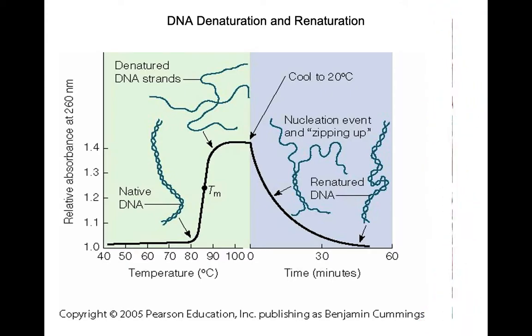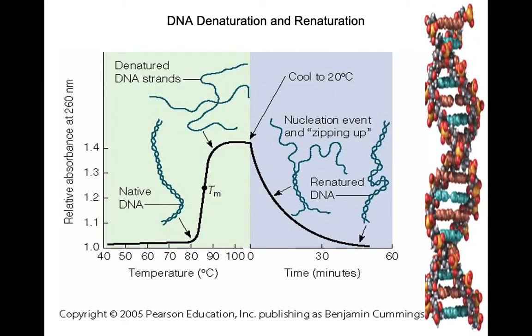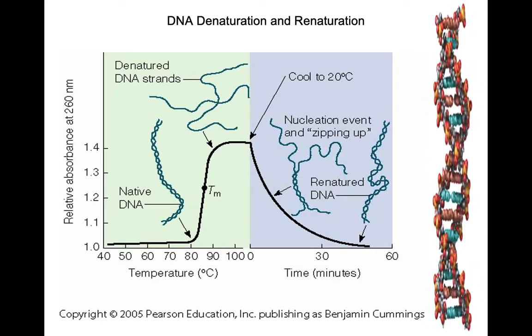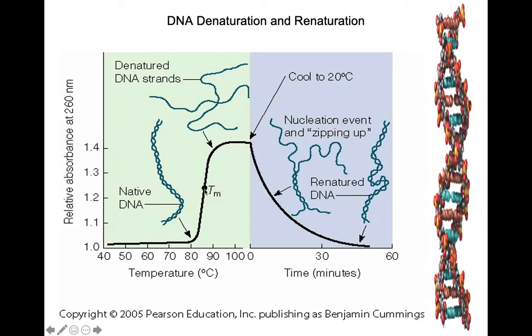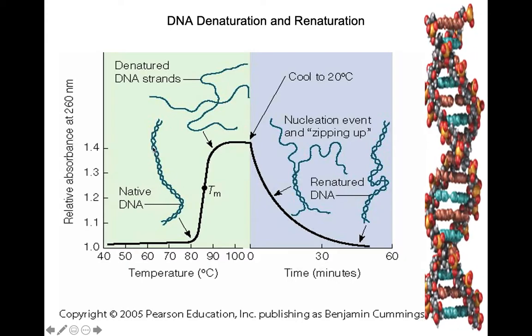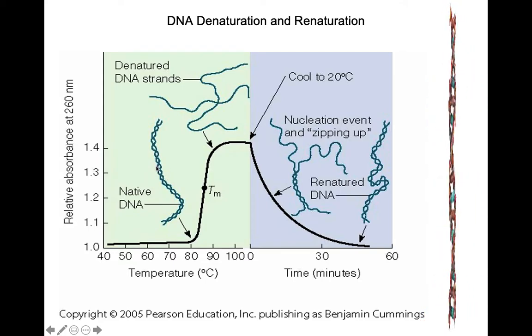Okay, so the ambient temperature dictates the native conformation of a DNA molecule. A certain temperature called the melting temperature, T sub m, indicates the threshold for the native double helical DNA to stay double helical.